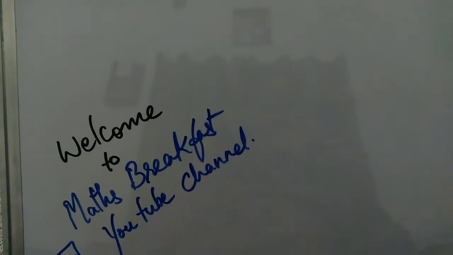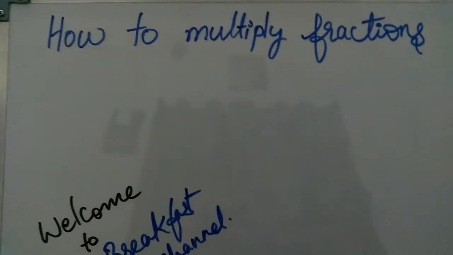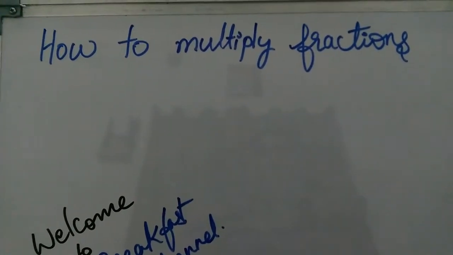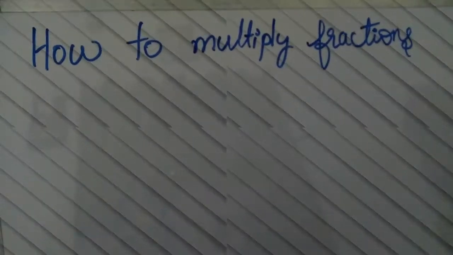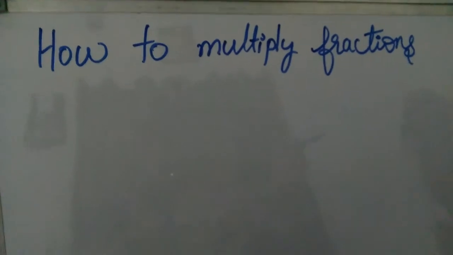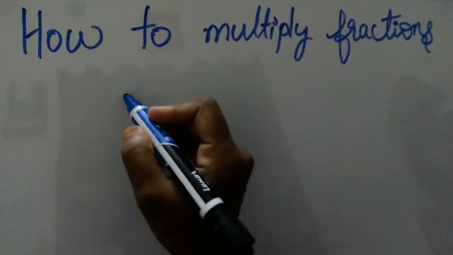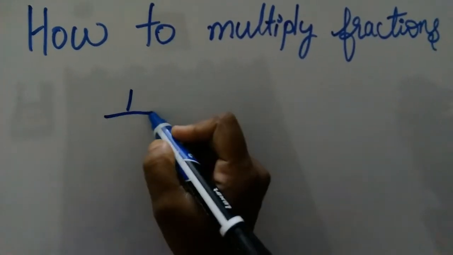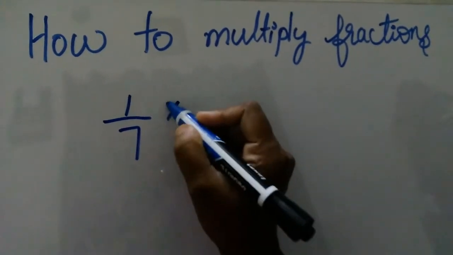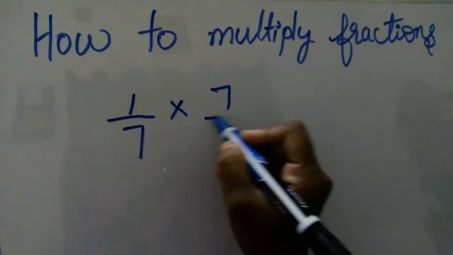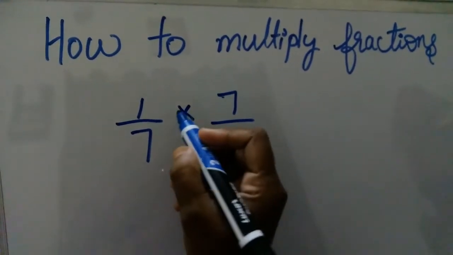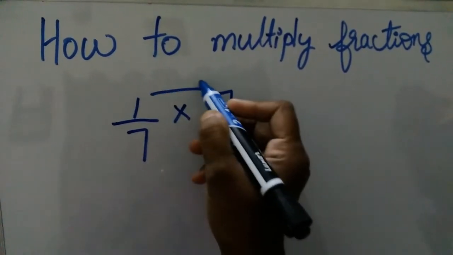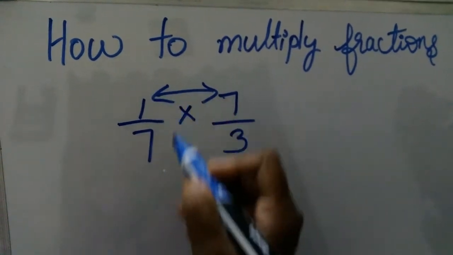In this video, I am presenting the topic how to multiply fractions. For example, 1 upon 7 into 7 upon 3. First we multiply the numerators.